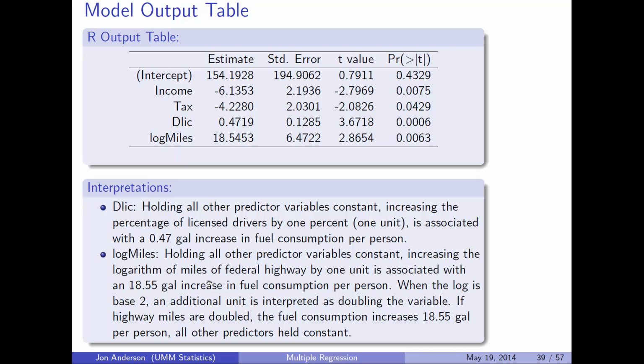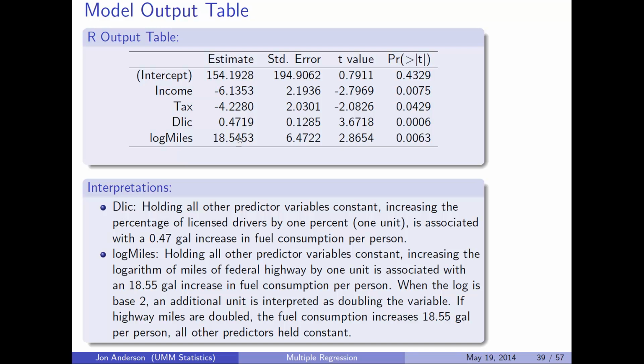Similar sort of interpretations for the other variables, DLIC and mileage. Note that the mileage effect is difficult because if we increase log miles by 1 unit, remember this is in log scale, but it's base 2, that means you would interpret 18.5 as: increasing log miles by 1 unit, because it's log base 2, means that we will double the highway miles.